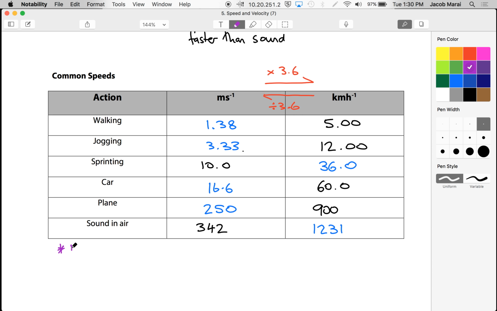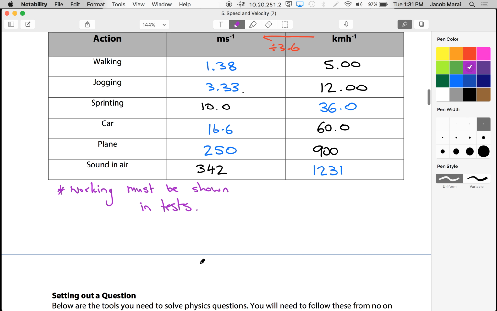Just remember, could I get you to add down the bottom here? Note, working out must be shown in tests. Okay? And from this point forward, we're going to be using, I tell a lie. We can use kilometres per hour and metres per second, but if you have to convert, you have to show the working out.